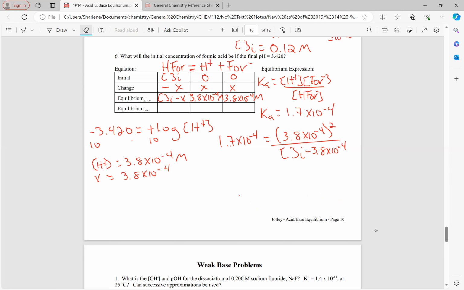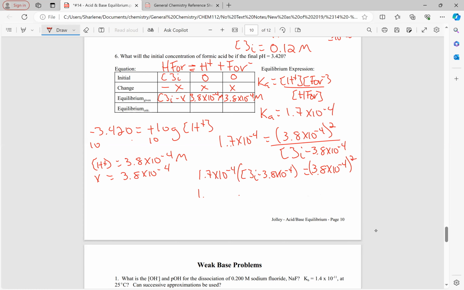Okay, so now my math is 1.7 times 10 to the minus fourth times the initial minus 3.8 times 10 to the minus fourth is equal to 3.8 times 10 to the minus fourth squared.